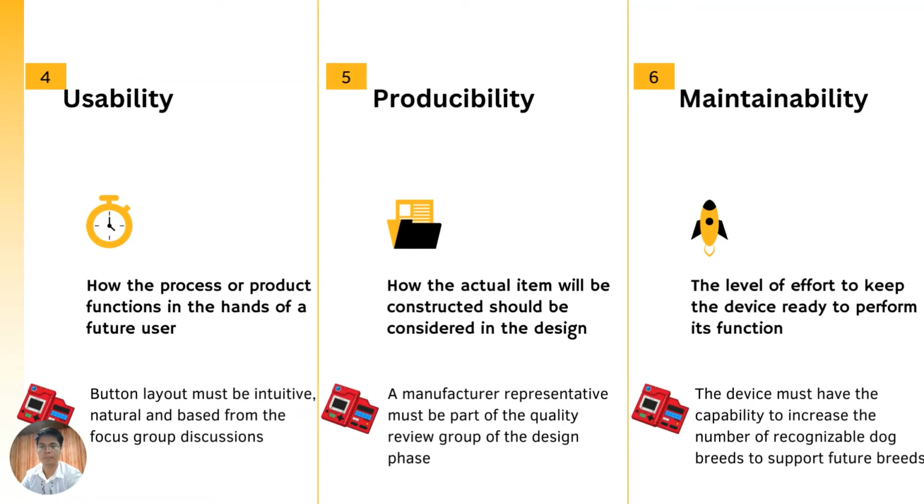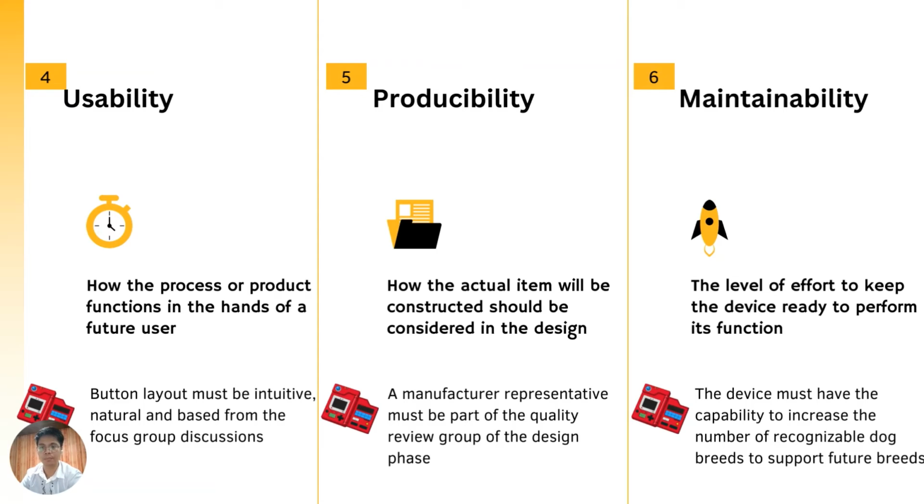The next set of abilities is usability, producibility, and maintainability. Usability involves how the process or product functions in the hands of a future user. It is making sure that the product developed, whether a physical device, software, or website, is user-friendly.